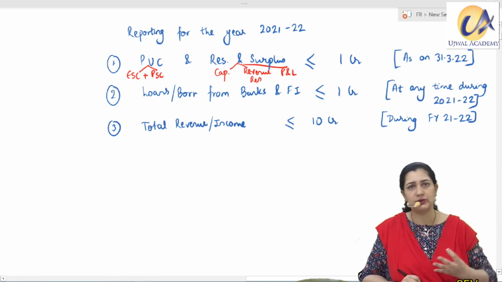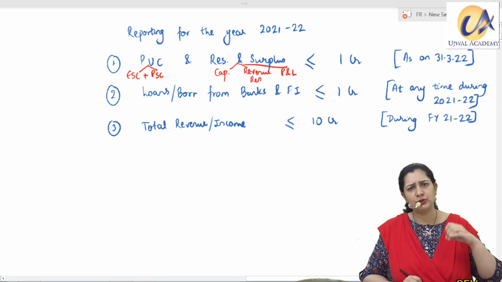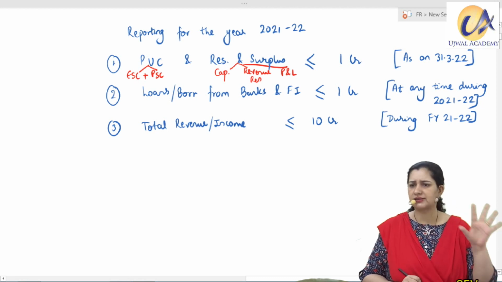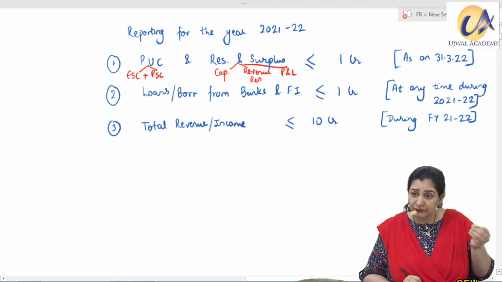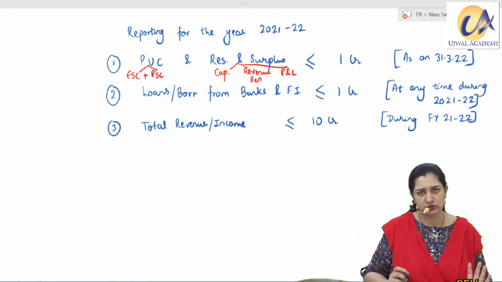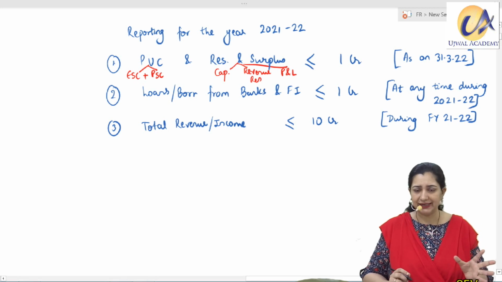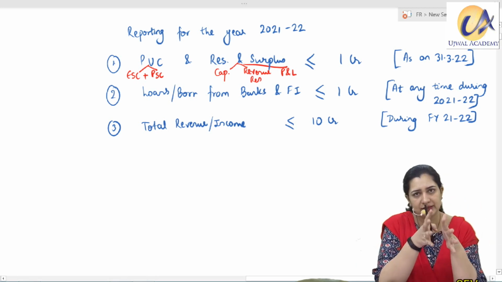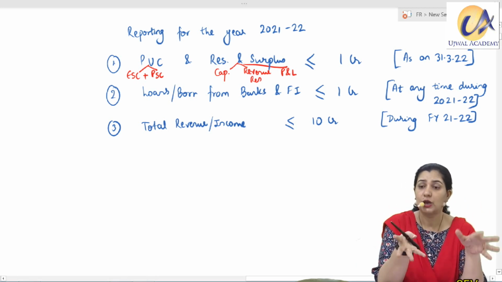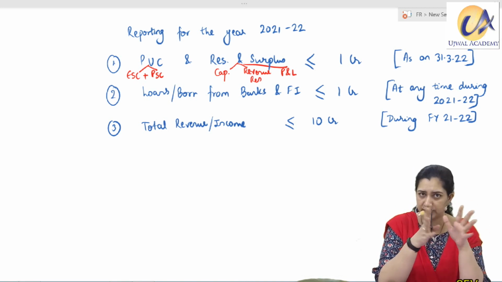Revaluation reserves, general reserve, all reserves are included. If P&L is showing a debit balance, that is a loss, then we minus that also. So you'll have to show net. When I talk about paid up capital, it includes equity and preference shares, both.